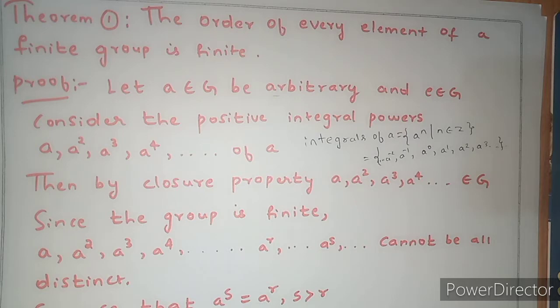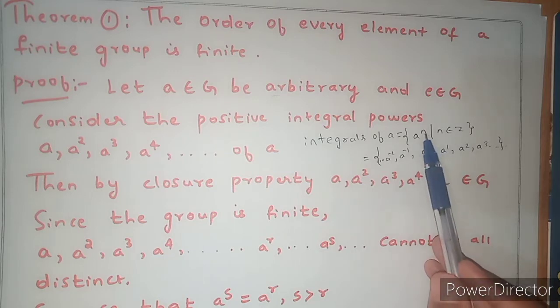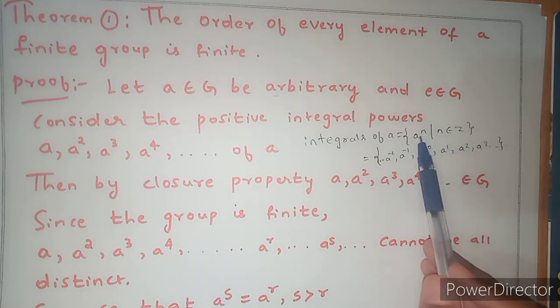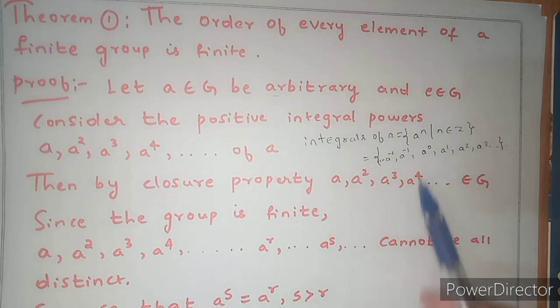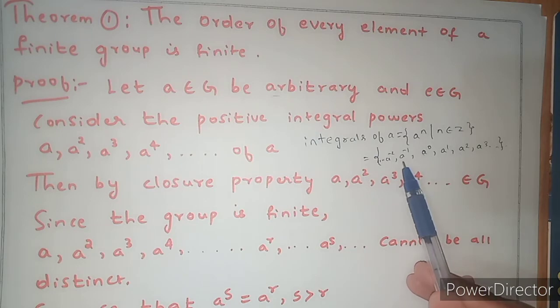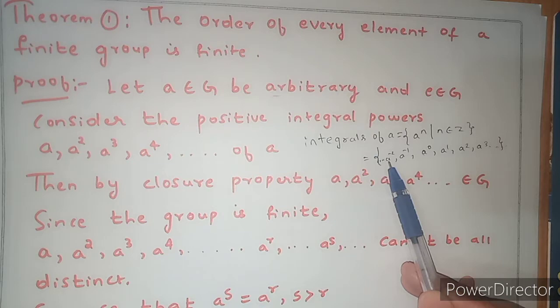So first put n equals 0, we get a^0. Likewise n equals 1, a^1, n equals 2, a^2, n equals 3, a^3. Integers contain negative numbers also. So put n equals minus 1, we get a^-1. Next n equals minus 2, a^-2 and so on.